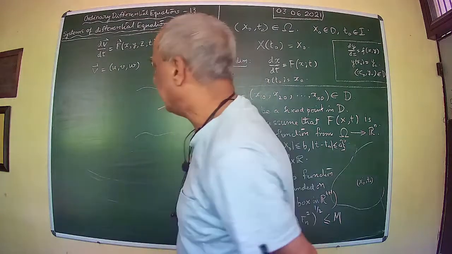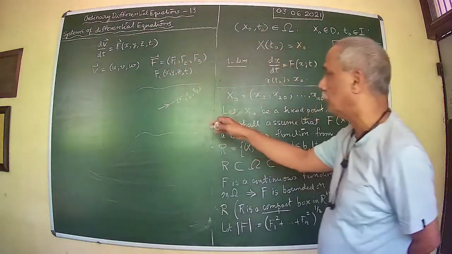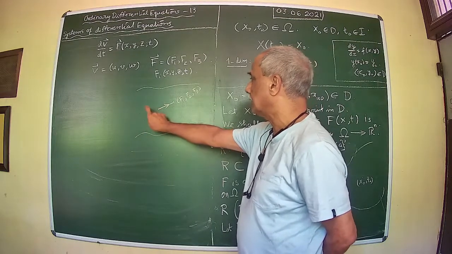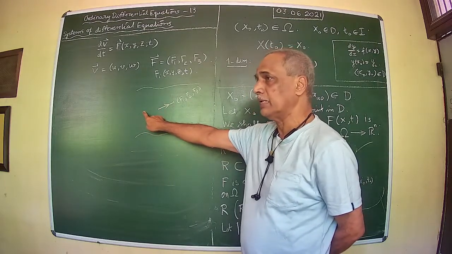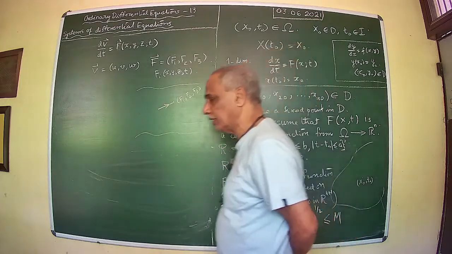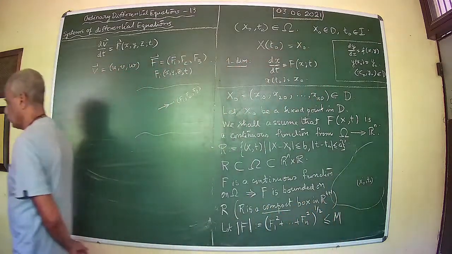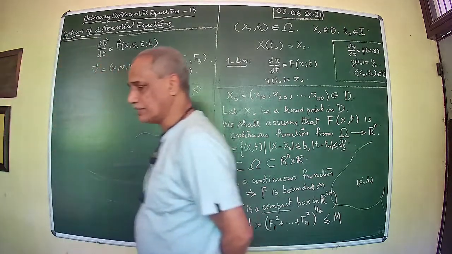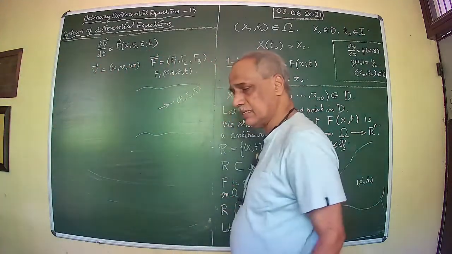Then we are looking at the motion of a particle. Suppose you drop a leaf here at some time t equal to t naught. What is the path of this particular leaf as time evolves? This is the question that you are asking. So that is the initial value problem.